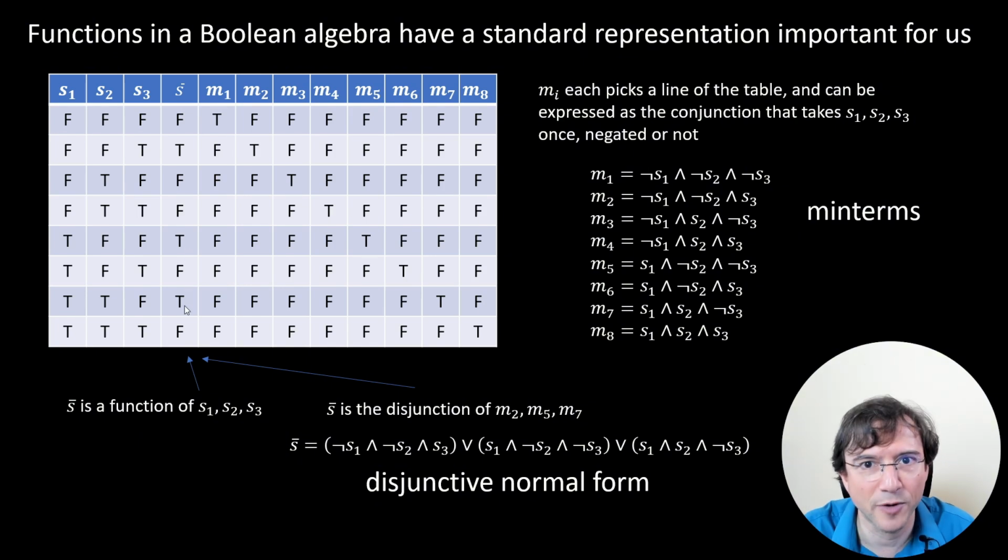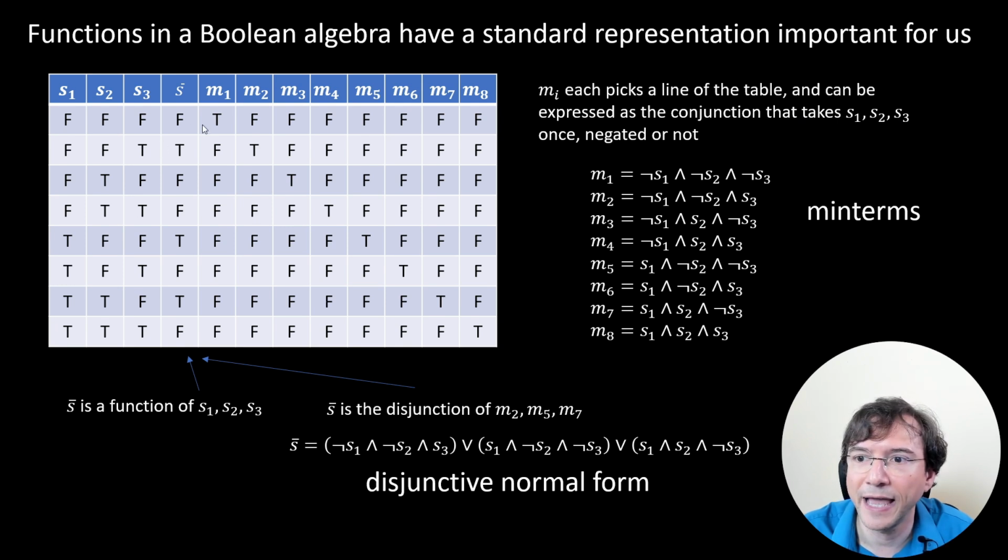So how can I express that? Well, if you pick three statements, you can construct what is called a min term. A min term is essentially a statement that picks an assignment that is true only in one of these combinations. It is expressed as the conjunction that takes all three statements only one time, either negated or not.